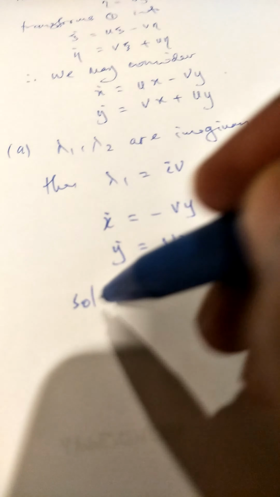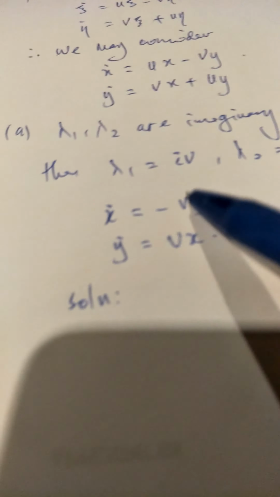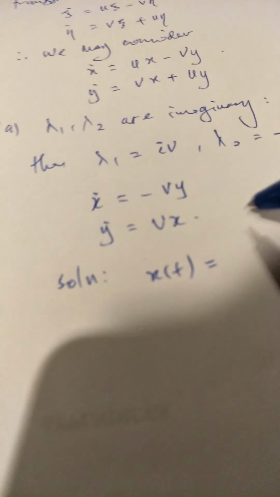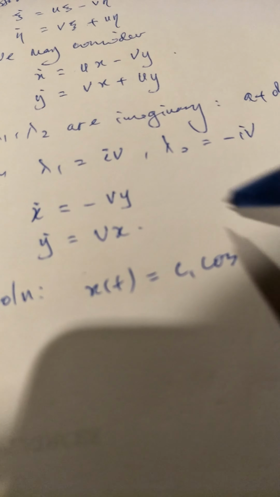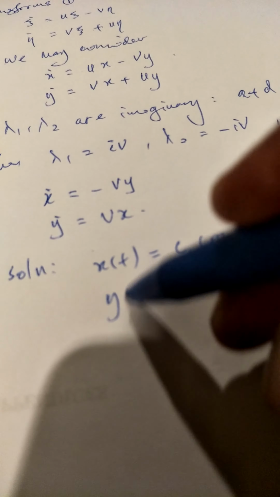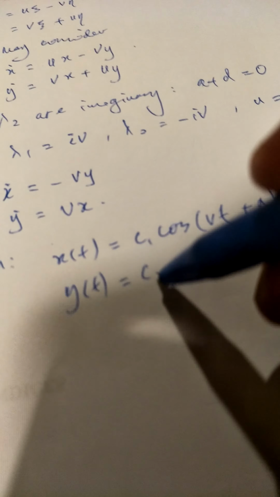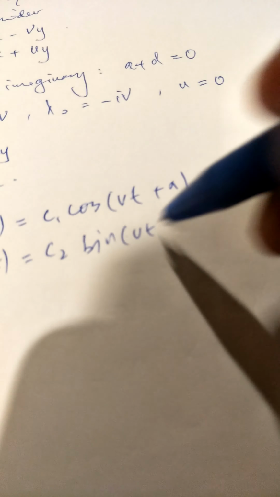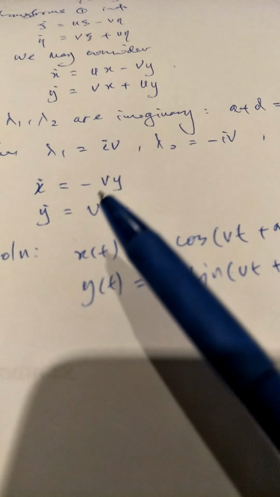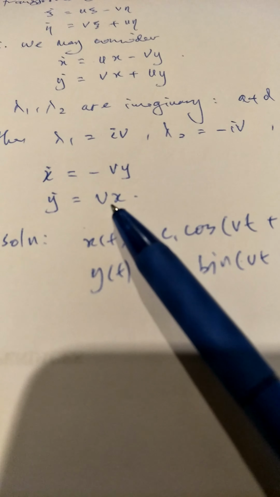The general solution for that system is x(t) equal to c1 cos(vt plus alpha) and y(t) equal to c2 sin(vt plus alpha).